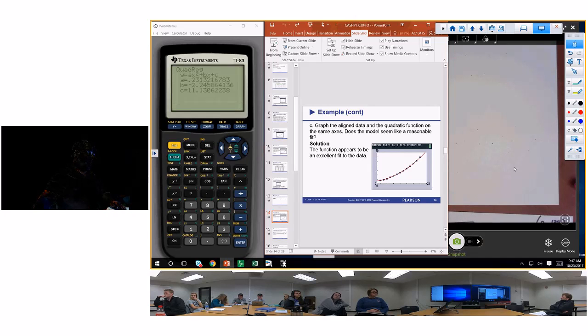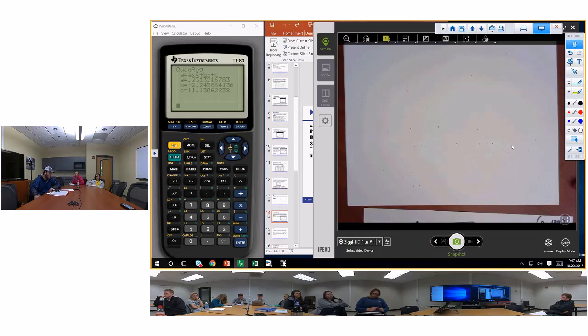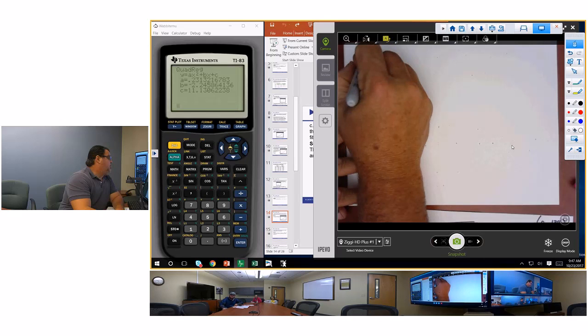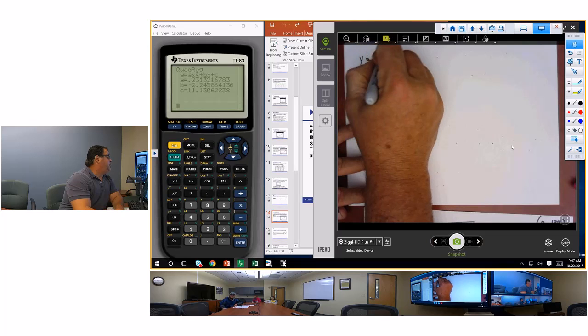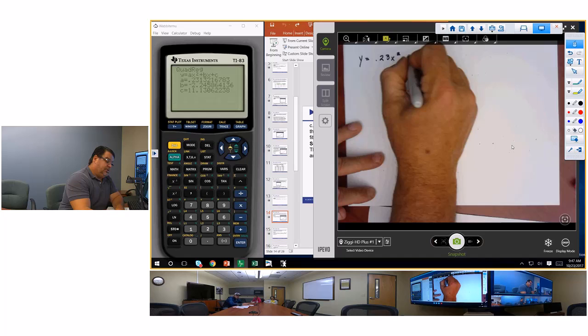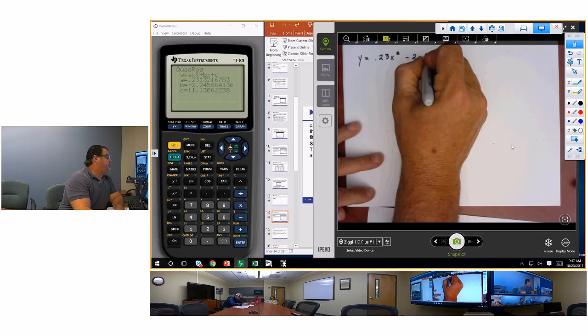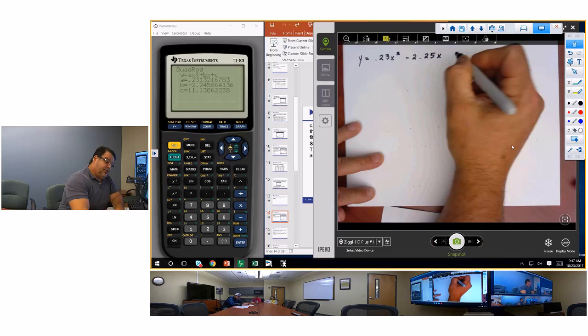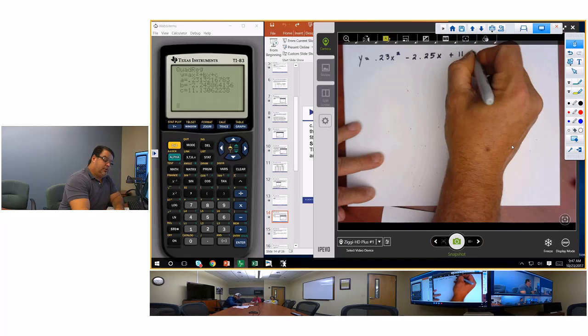Take our handy dandy white paper, and y is equal to 0.23x squared minus 2.25x plus 11.13.